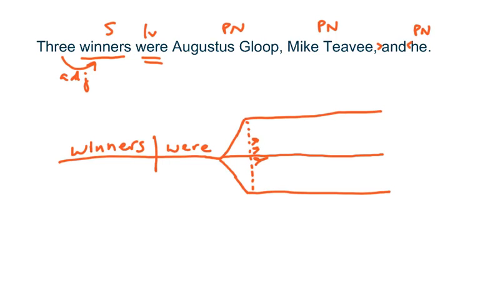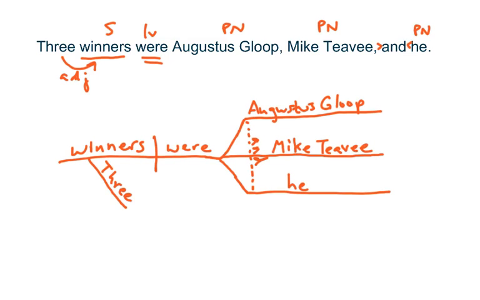So three winners were Augustus Gloop, Mike TV, he. Isn't that crazy? Yes. I love crazy looking diagrams. They make me very happy. And what has Mrs. Aguilar forgotten? I forgot my crooked line between my linking verb and my predicate nominative. There we go.